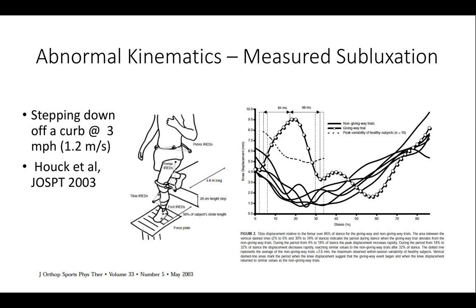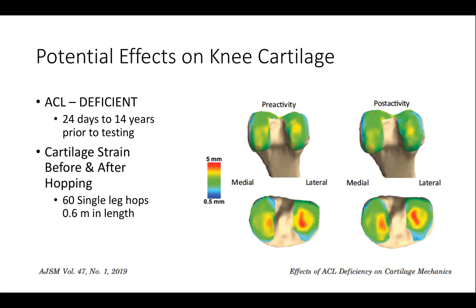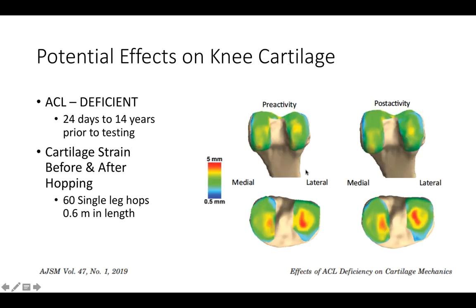And these intermittent episodes of giving way, people think, are associated with the development of knee OA and also poor muscular control. The other consequence can be cartilage damage. This data was taken from ACL deficient patients 24 to 14 years prior to testing.